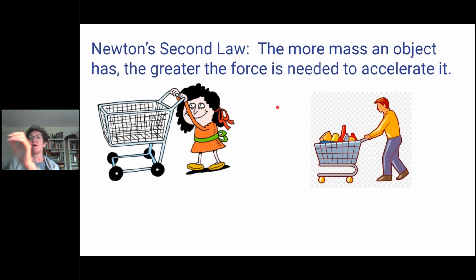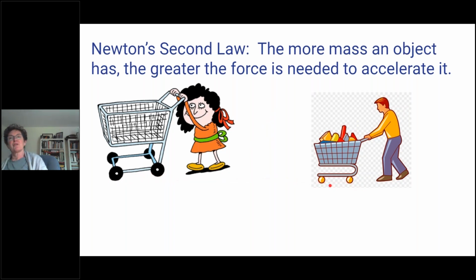Now, here's a different kind of problem that you frequently see in science tests, and they are about Newton's second law, which just says the more mass an object has, the greater the force needed to accelerate it, which totally makes sense. The words might seem a little confusing, but we all know it's much easier to push an empty shopping cart than it is to push a full one.